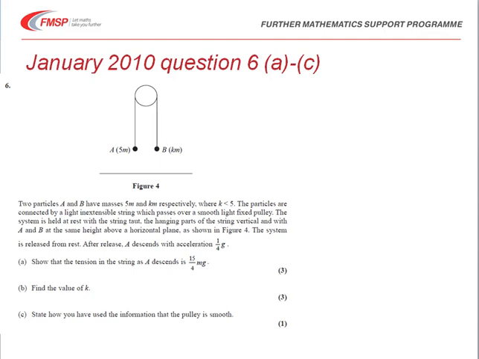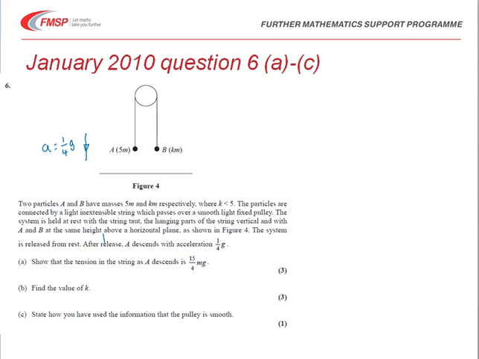So it's worth reading through the question, although the diagram shows everything that we need to know in this particular case. The system is released from rest and A descends with an acceleration of 1/4 g. So let's just mark that in on the diagram. We've got an acceleration here equal to 1/4 g. Show that the tension in the string as A descends is 15/4 mg.